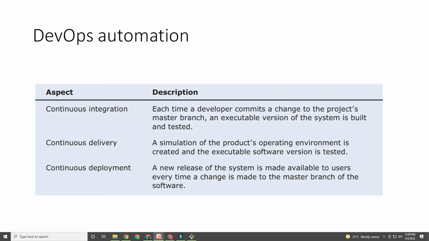Whenever a change happens and it is tested successfully, that release is sent to the users. This is the DevOps automation. So there are three things: continuous integration automatically takes the executable version of the code from the master branch; continuous delivery tests the version and makes it available for deployment; and in continuous deployment you send the code to the users. All three can be done automatically.